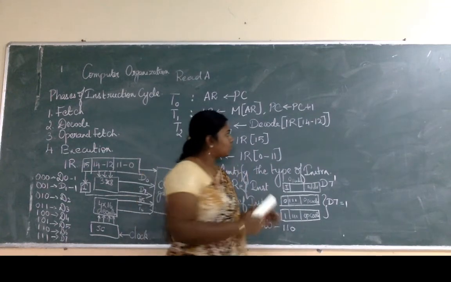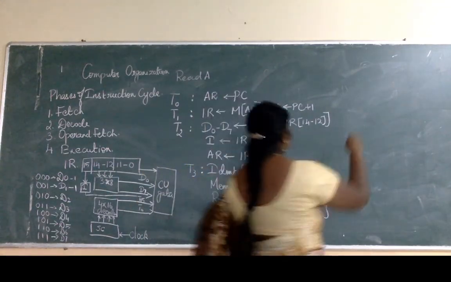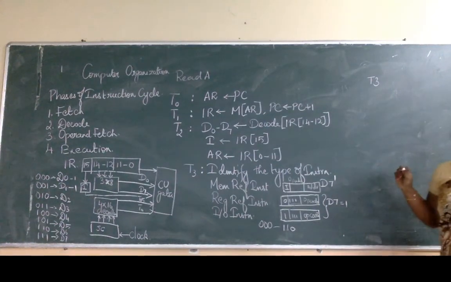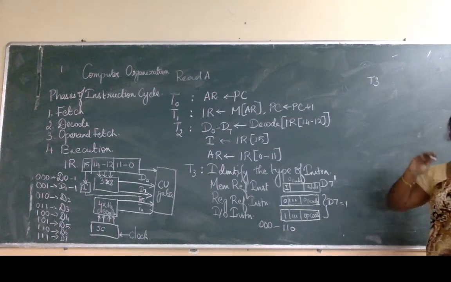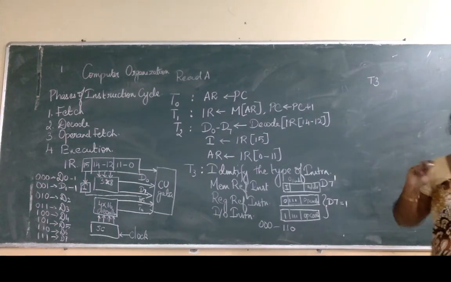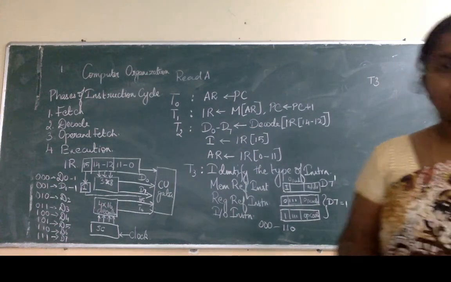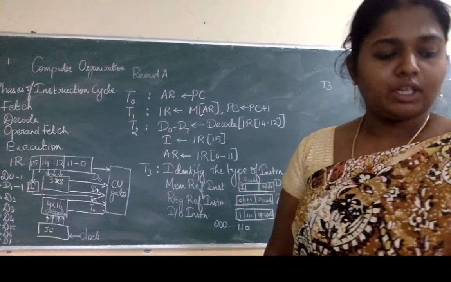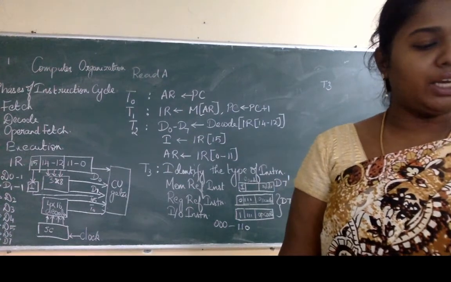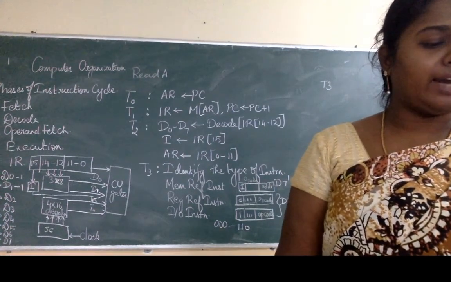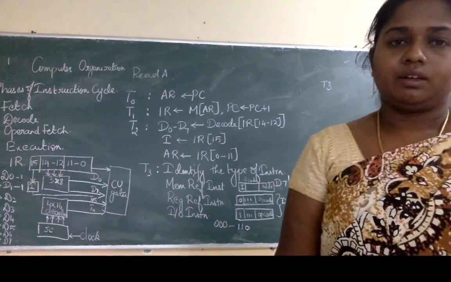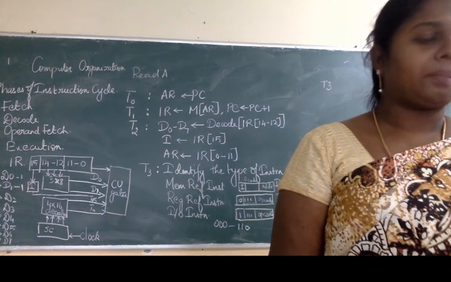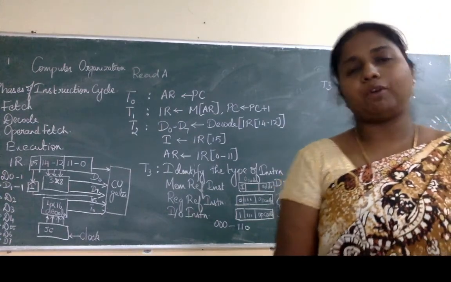Yeah. So at time cycle T3, I have to have two different options. The first option will indicate what happens when I use a memory reference instruction, and the second option is going to indicate what happens when I have a register reference or an input-output instruction.